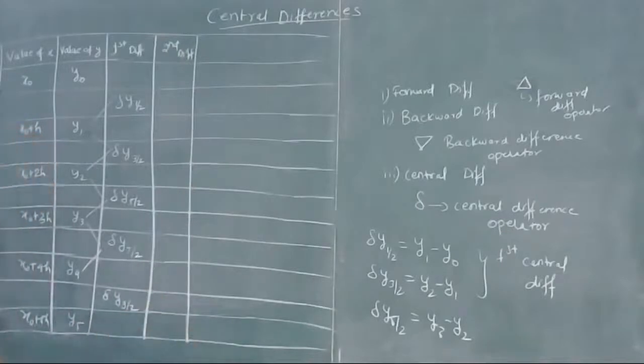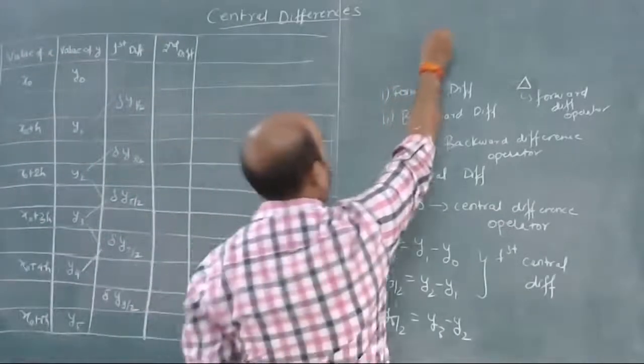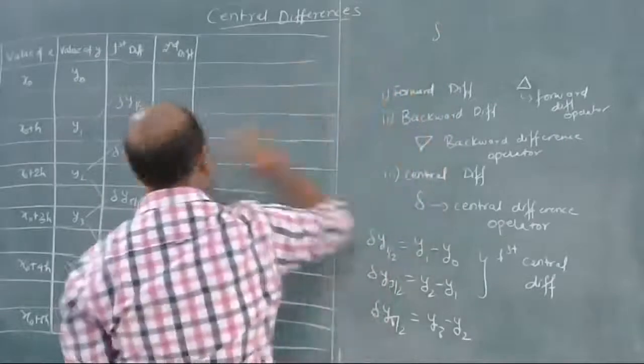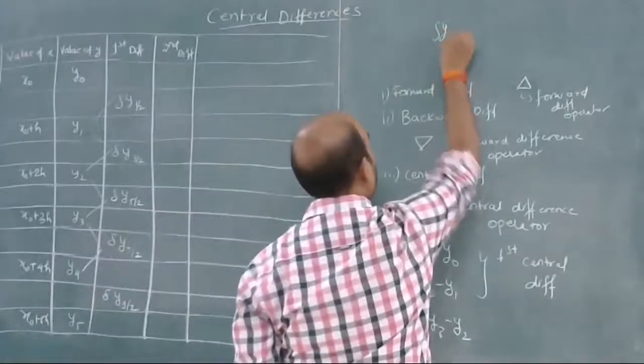Now we subtract del y1 by 2 from del y3 by 2.